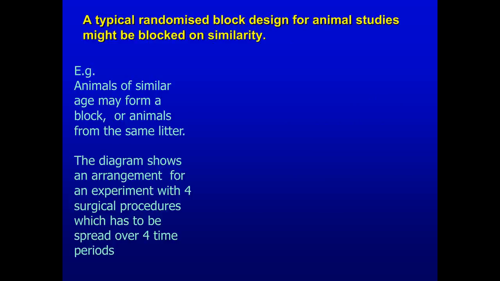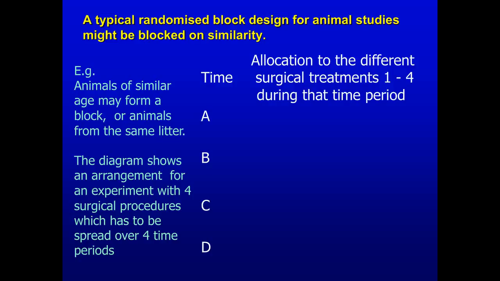This is a typical randomized block design for an animal studies. You can block or group according to age or parentage or that sort of thing. This one is done by time, and you have 4 time periods, and you accept that you will not get all of the experiment done in one of them, but you will be able to do the 4 different surgical treatments during that time period.